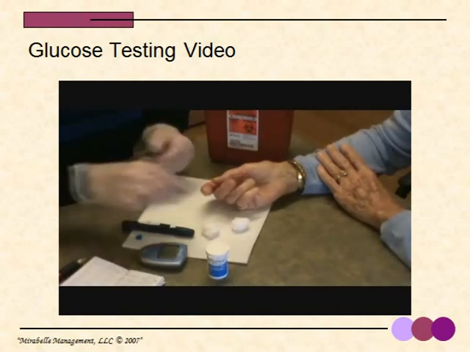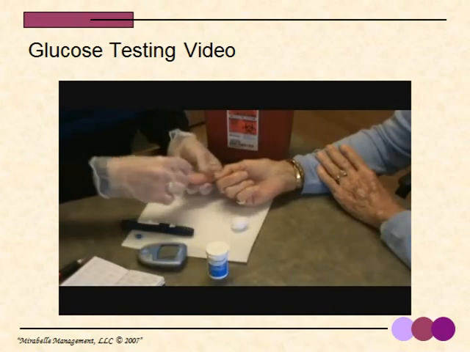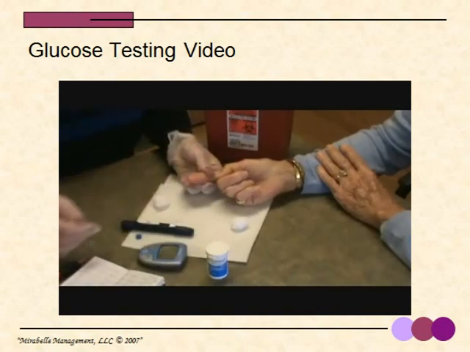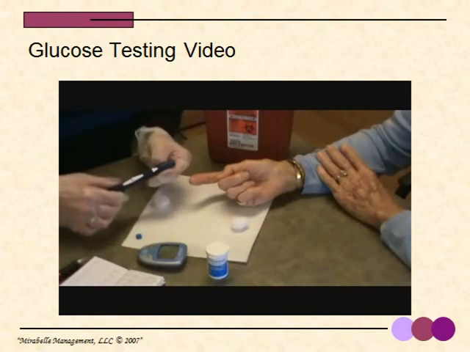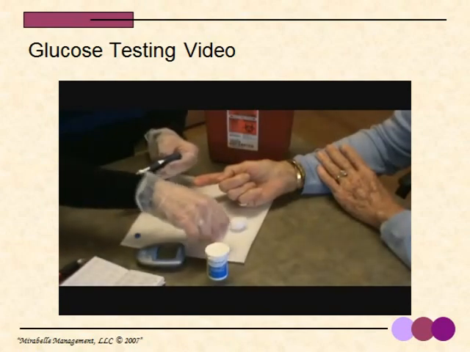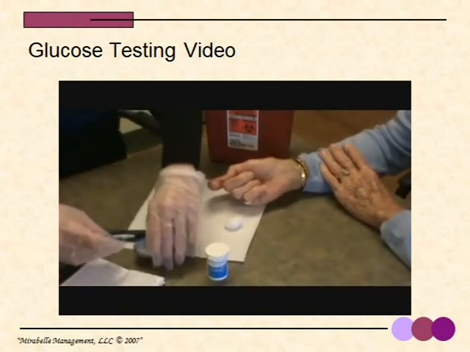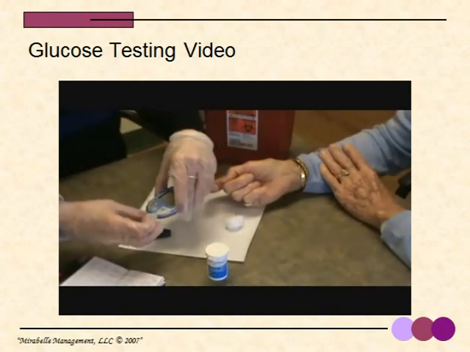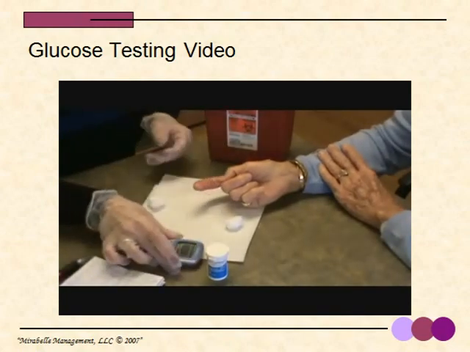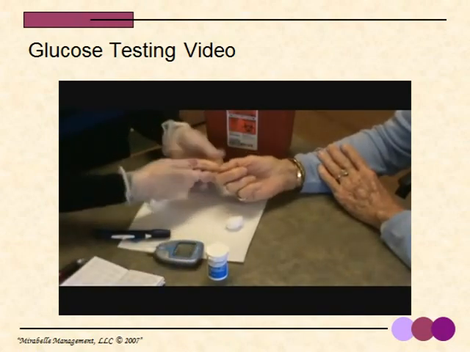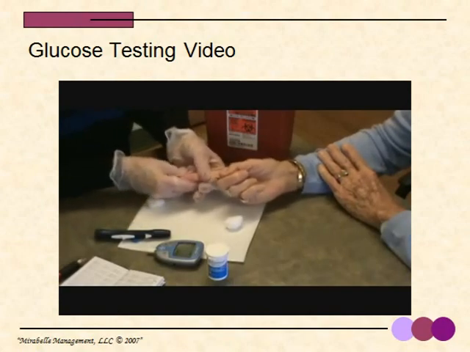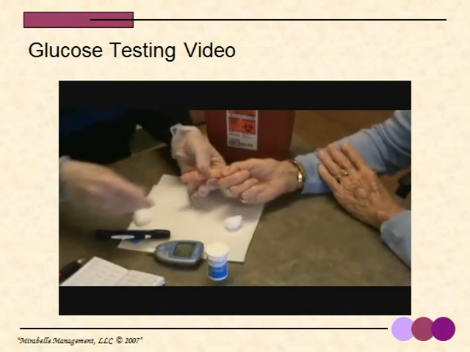Cleanse the client's finger. Load the strip into the glucometer. Gently massage or milk the finger towards the tip. Prick the side of the finger.